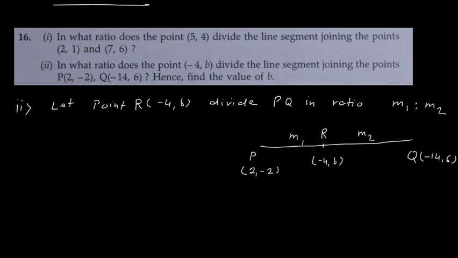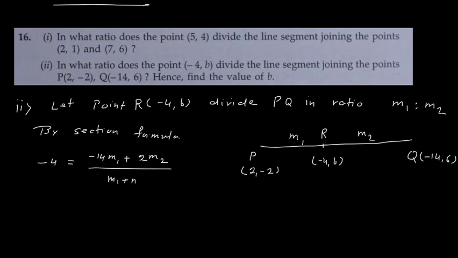By section formula, we will say that -4 is equal to (-14 m1 + 2 m2) divided by (m1 + m2). So the x coordinate of this point R will be equal to m1 into -14 plus m2 into 2, whole divided by m1 plus m2.